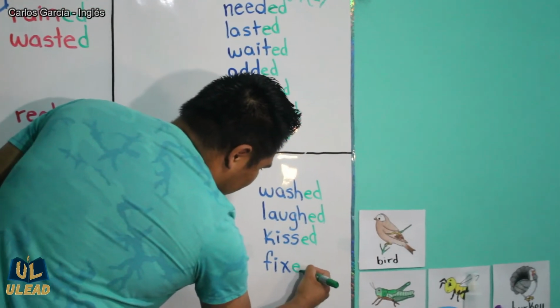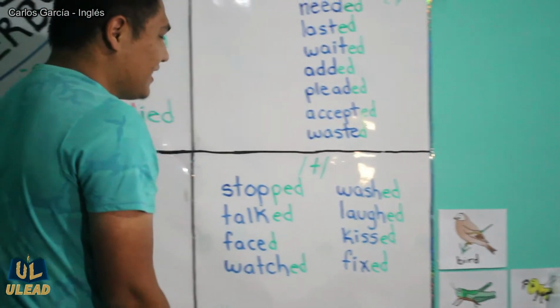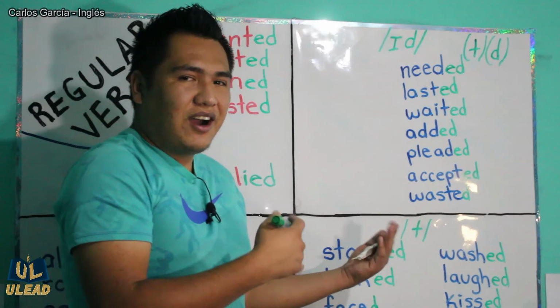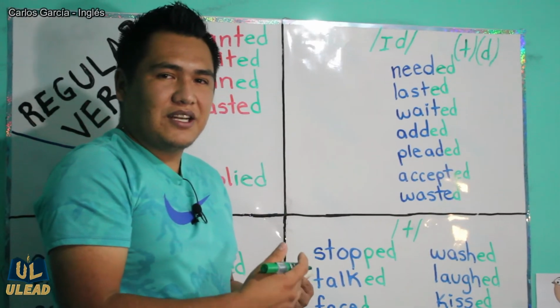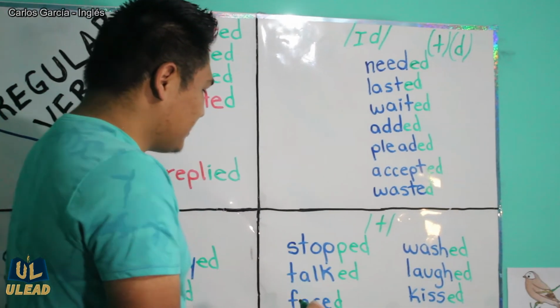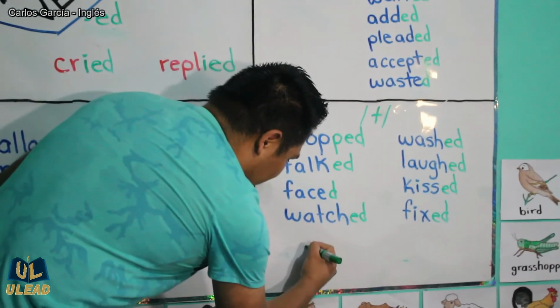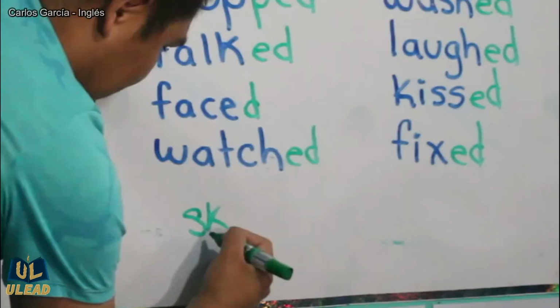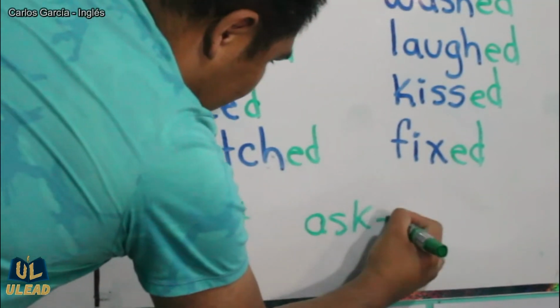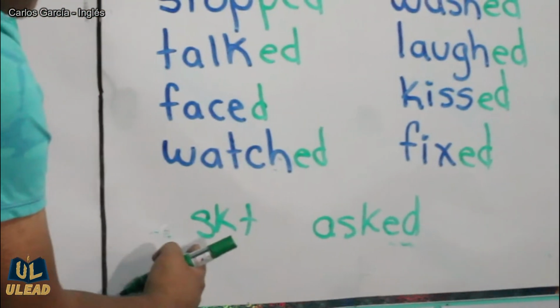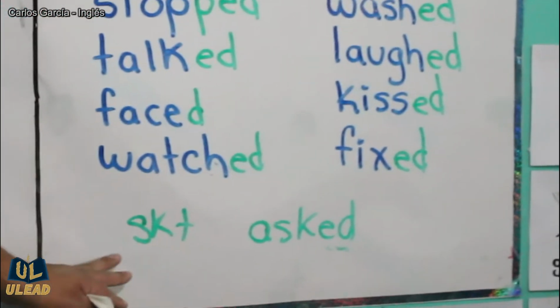Fix becomes fixed. And I would say that this is harder because it's more of a cluster of consonants. Okay, a cluster of consonants is normally when it's a group of consonants, for example, this and then T, like in this word, asked. It's very difficult to pronounce a group of consonants sometimes.